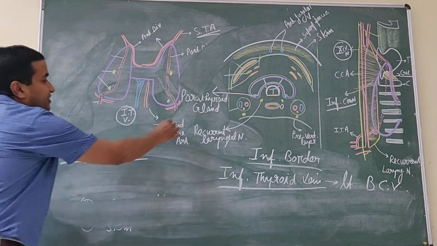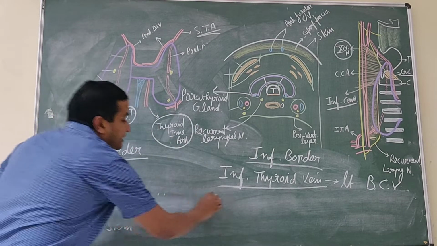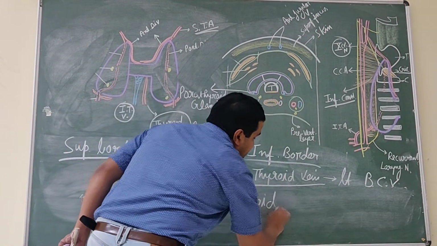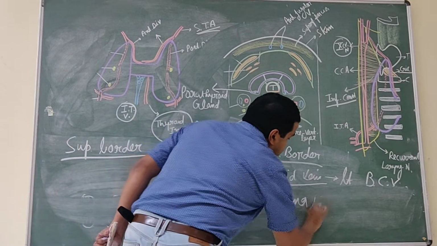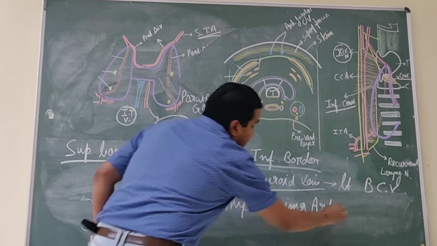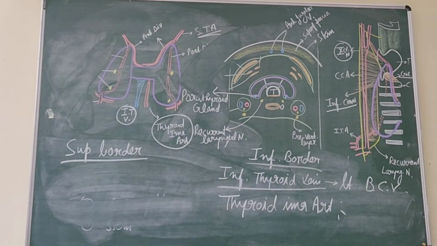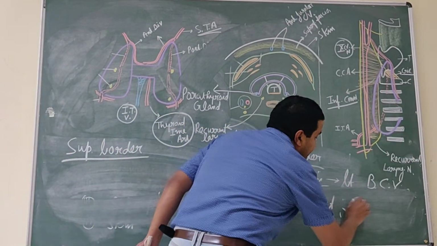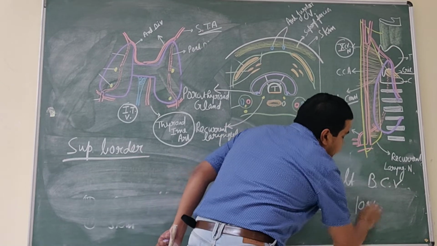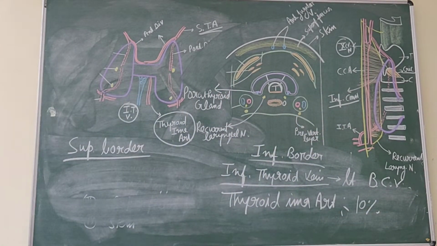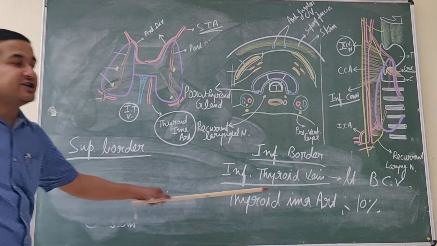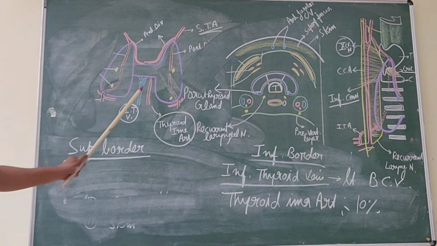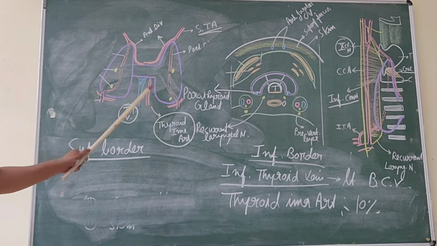Then an artery, the thyroidea ima artery. Thyroidea ima means unpaired. It is a single artery, present in 10% of individuals. If this artery is present, it enters the thyroid gland through the lower border of the isthmus.